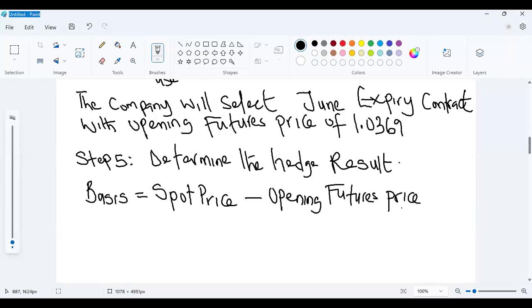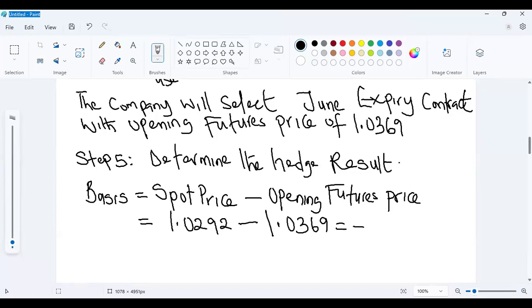Your spot price means the spot exchange rate, which is 1.0292, minus the opening futures price of 1.0369. Please work this out.